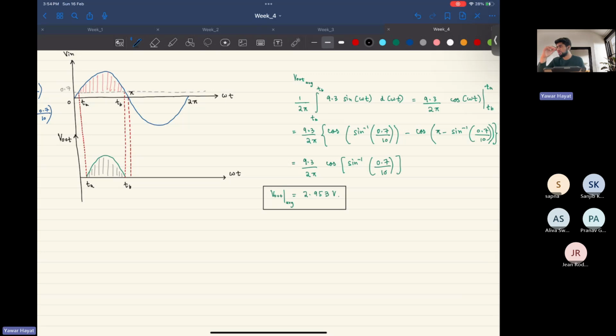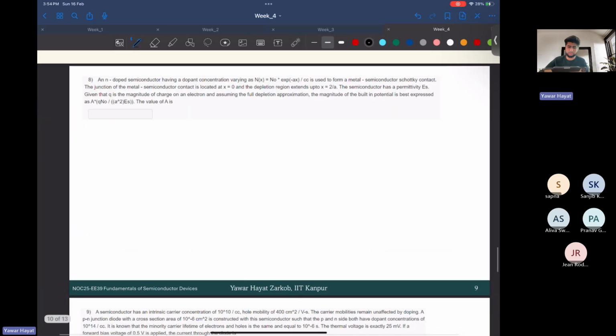So the average voltage across the 2 ohm resistor is 2.953 volts. Now you also know how we reached this point. Fine. Now let's move on to the next problem.